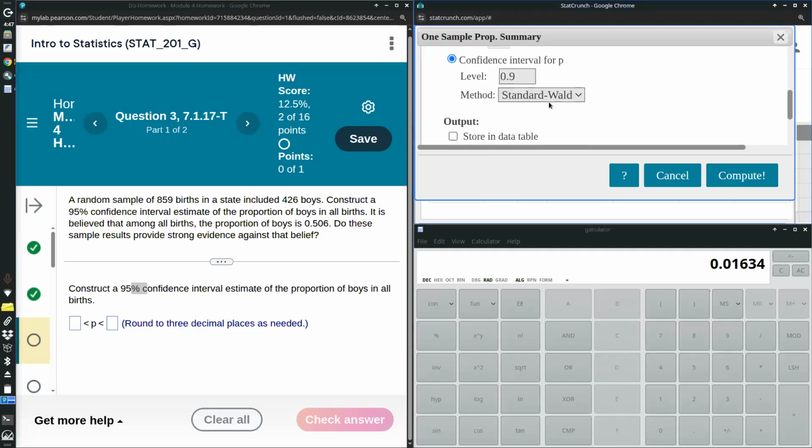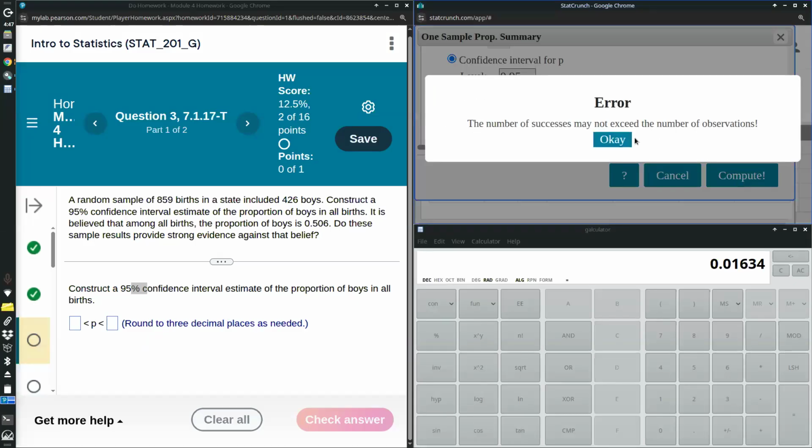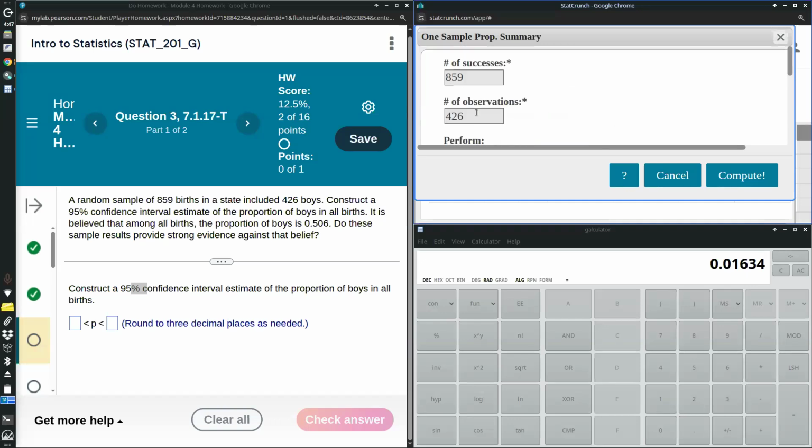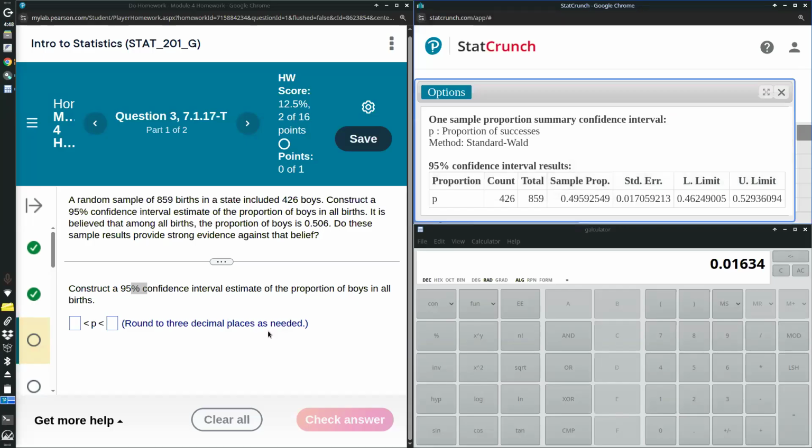Anyway, notice that this is a 95% confidence interval. So we're still doing the same test, but we're changing this 0.9 level to 0.95. And then we're computing. I forgot to change. I got these backwards. So remember, like I said, the smaller number should be on top. So 426 on top and 859 on bottom. So compute there.